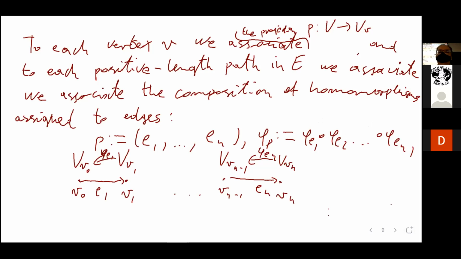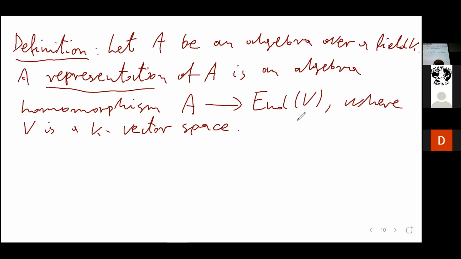But the thing is that this would land me in the right modules. When I define a representation like this, it makes V a left A module. That's just a custom. We usually look at representations in this way, at least in functional analysis, I suppose. These are left modules. But in algebra, they don't care.